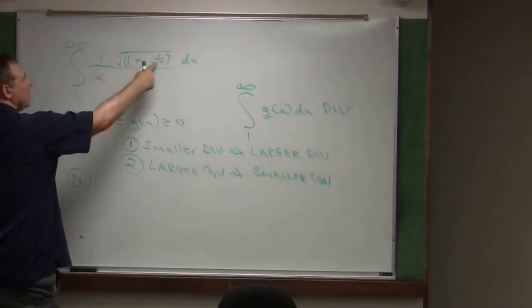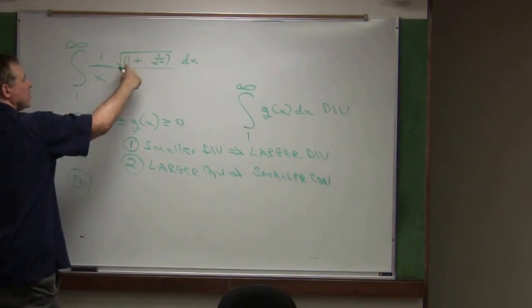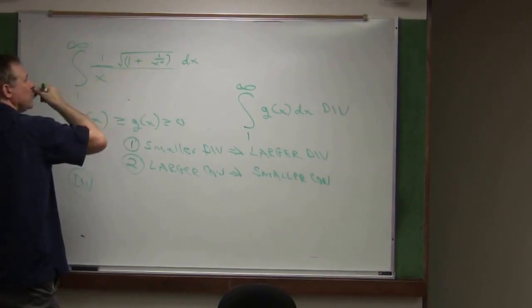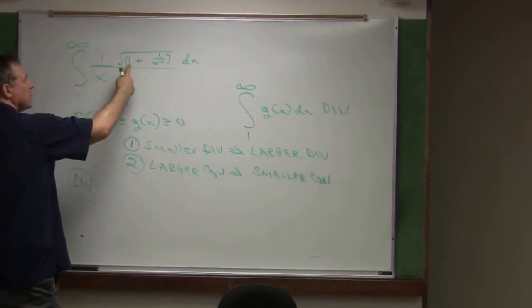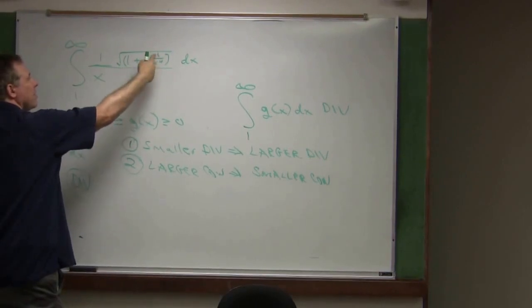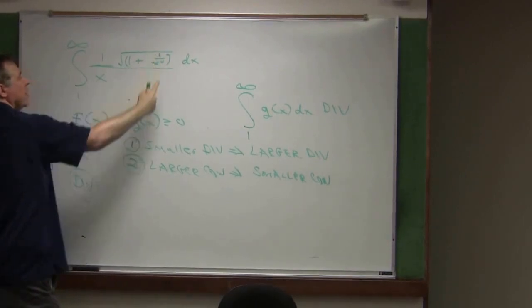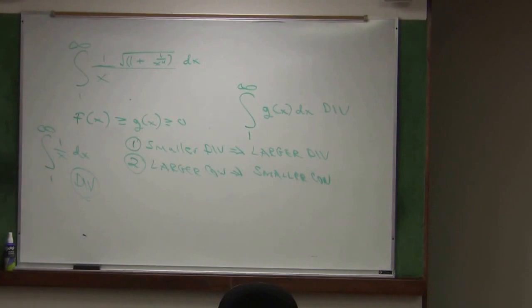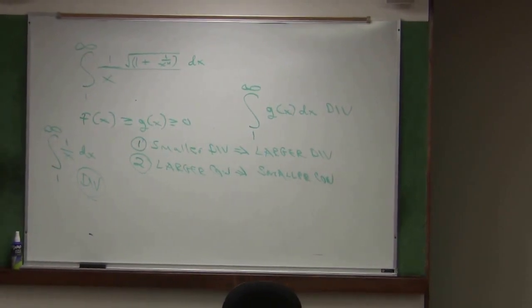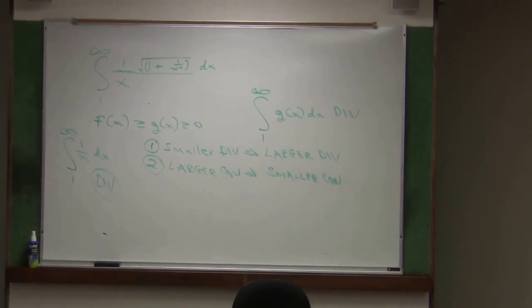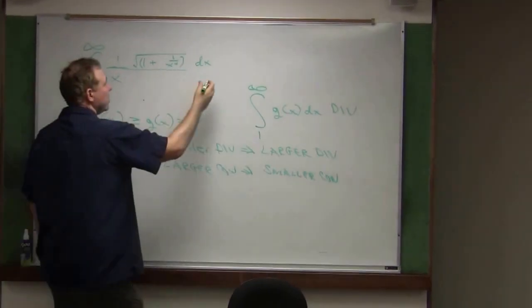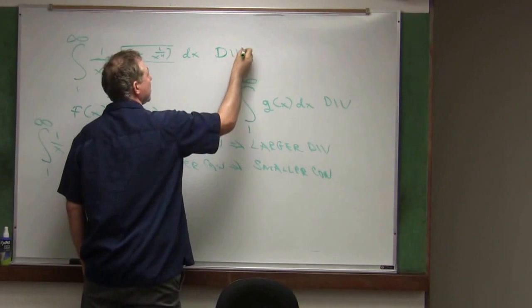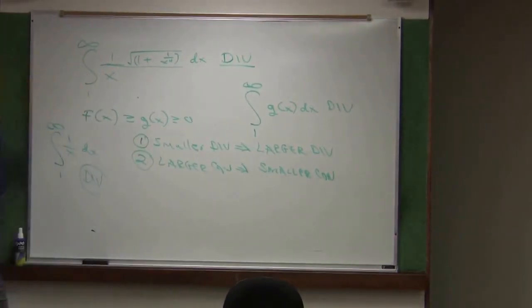When x is 1, this is going to be the square root of 2, but otherwise it's going to be the square root of 1 plus some tiny positive number, as x goes on its way from 1 to infinity. So this will diverge by the comparison test. Okay, this will diverge by the comparison test.